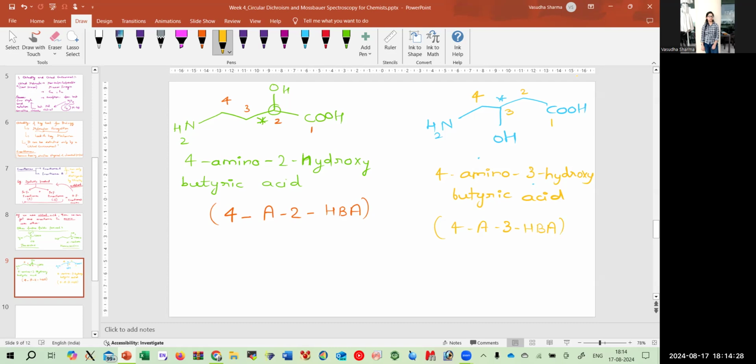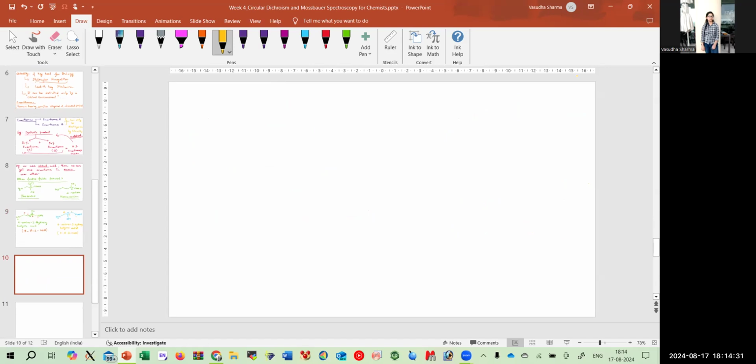One last example that we can take from different amino acids is we have COOH, NH2 group, and another COOH. So this becomes a chiral center, which is called beta amino methyl succinic acid.